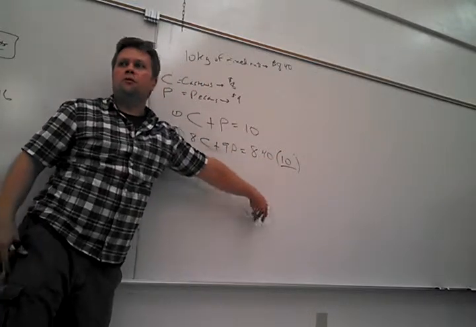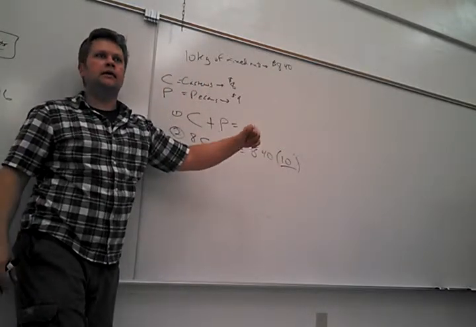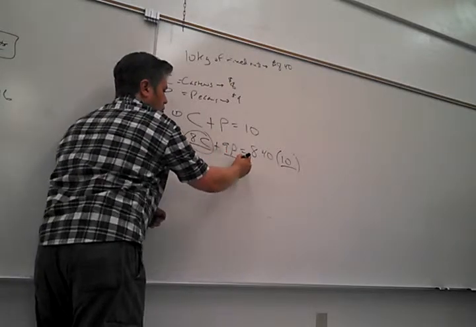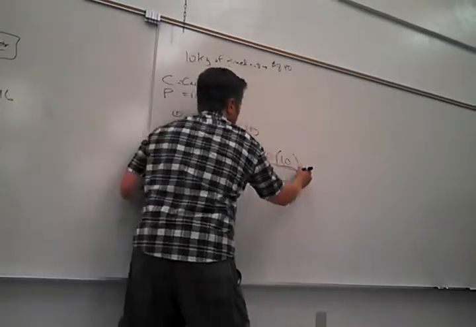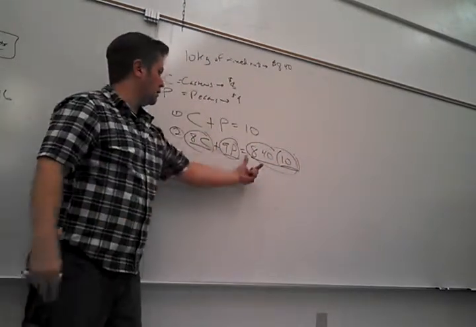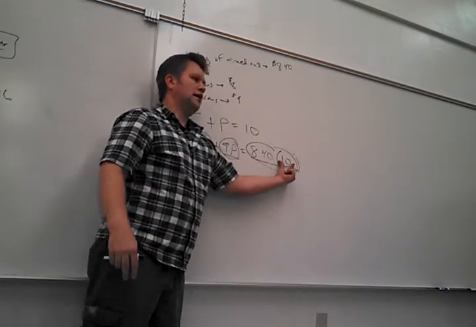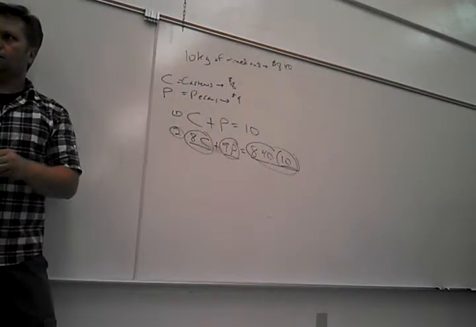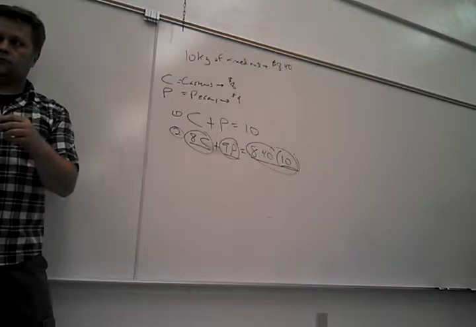And I don't blame you because it's not easy to see that's needed. But this would be a total cost for all the cashews. This would be a total cost for all the pecans. This better be a total cost for the whole mixture, which would be $8.40 per kilogram times 10 kilograms. That's the step that's easy to forget. So what threw me off was I just had 10.